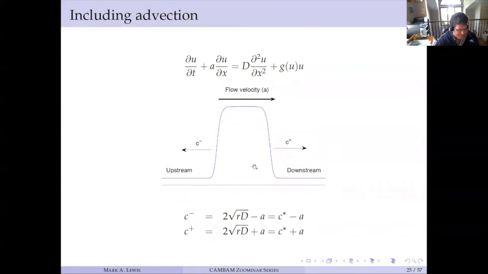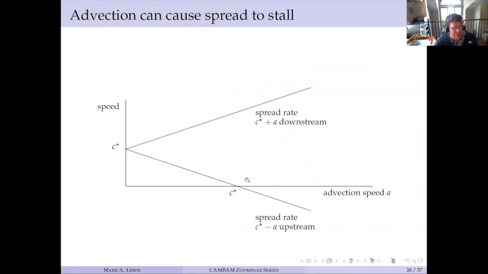If we were to plot this with the horizontal axis being the advection speed in the river and the vertical axis being the up and downstream spreading speeds, in the downstream direction the advection is always going to speed things up, and the higher the advection speed, the faster it'll spread downstream.